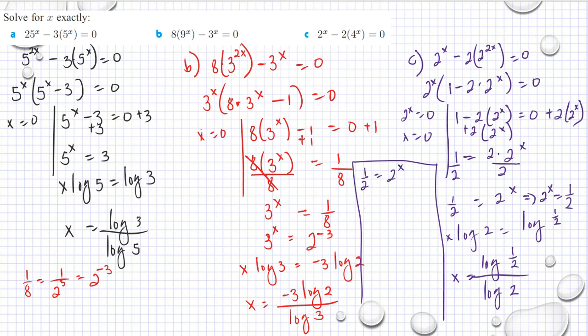But 1/2 is also 2 raised to negative 1, which is equal to 2 raised to x. And then, as you can see now, we have the same base. Then we have x is equal to negative 1. If you divide this by this, then it is also negative 1.